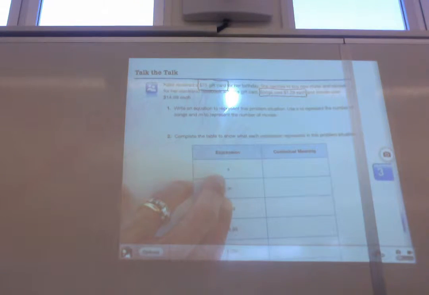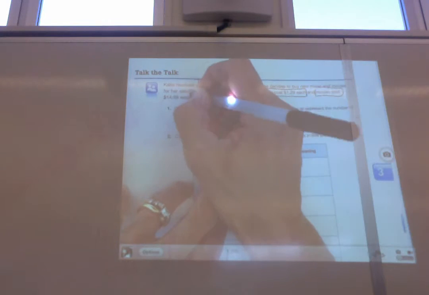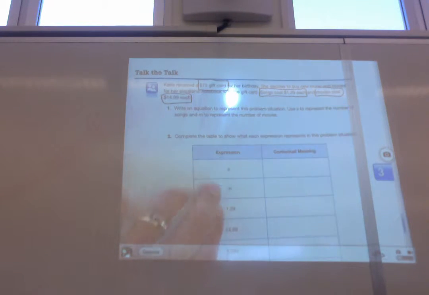What else is she going to buy? Movies cost, and they put it over to the other side, $14.99 each. So it's kind of like the adult price, ticket price. She's going to buy a little bit of both. And what's the grand total? What's the max amount she can spend?